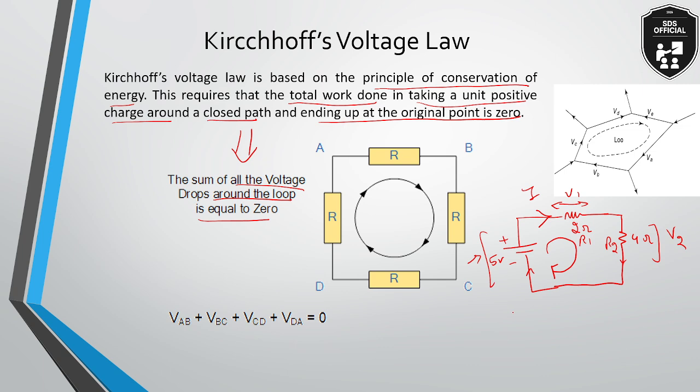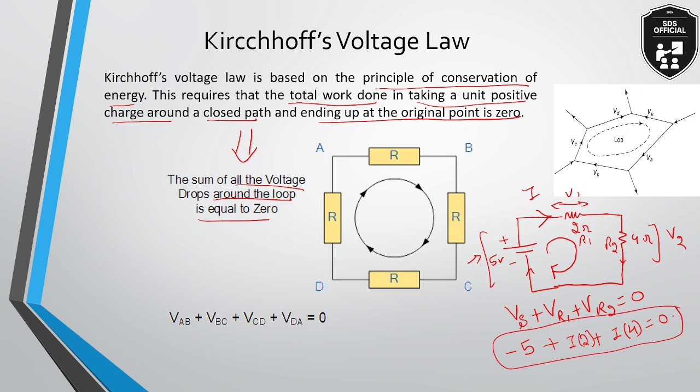That means the source voltage plus the voltage drops across the resistors will be equal to 0. How? Because the source voltage will oppose these two voltages, I into 2 plus I into 4. It will be equal to 0. So this will be the equation of the voltage law.